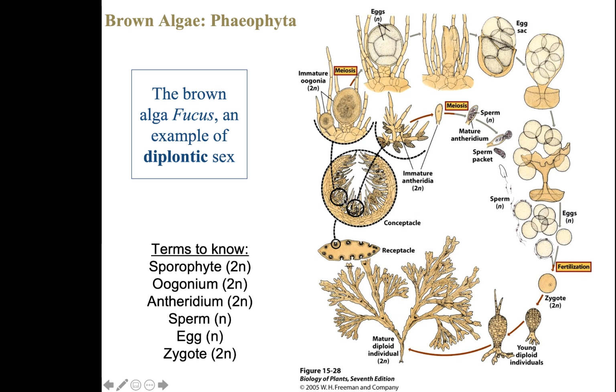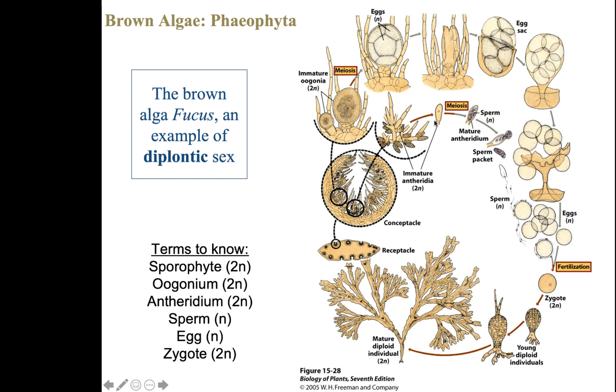Inside, we've got these egg-producing structures and these sperm-producing structures. But they're on a diploid individual here, so we can't call them gametangia. No, they have specific names. The diploid structure that's producing an egg is called an oogonium, and then the diploid structure that's undergoing meiosis to produce sperm is called an antheridium.